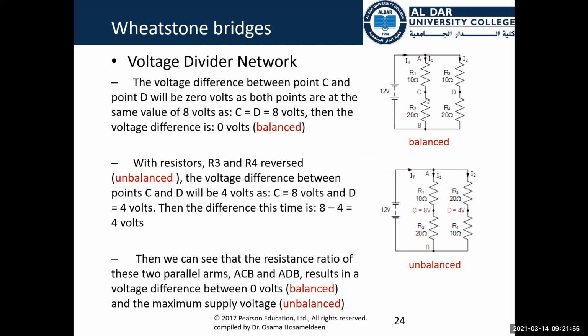Now we know that the voltage at C is 8 and the voltage at D is also 8, because this is a parallel circuit and the voltage applied on parallel branches is the same. So the difference between C and B will be 8 volts, and the difference between D and B will also be 8 volts.